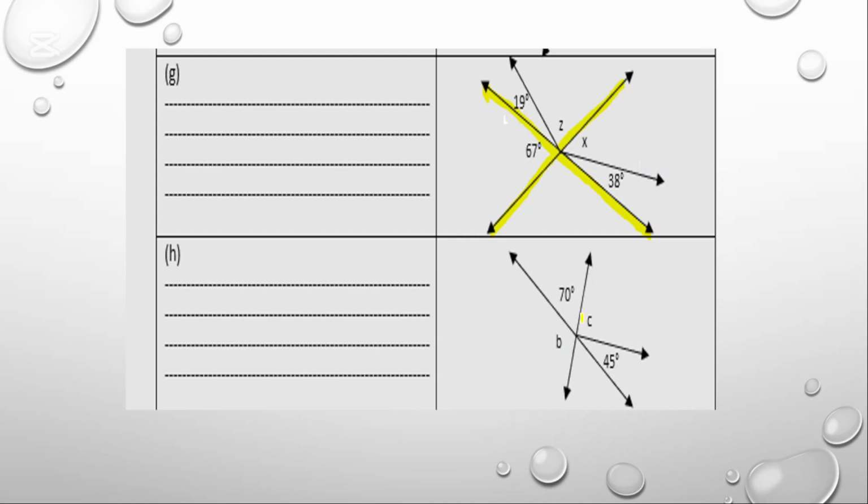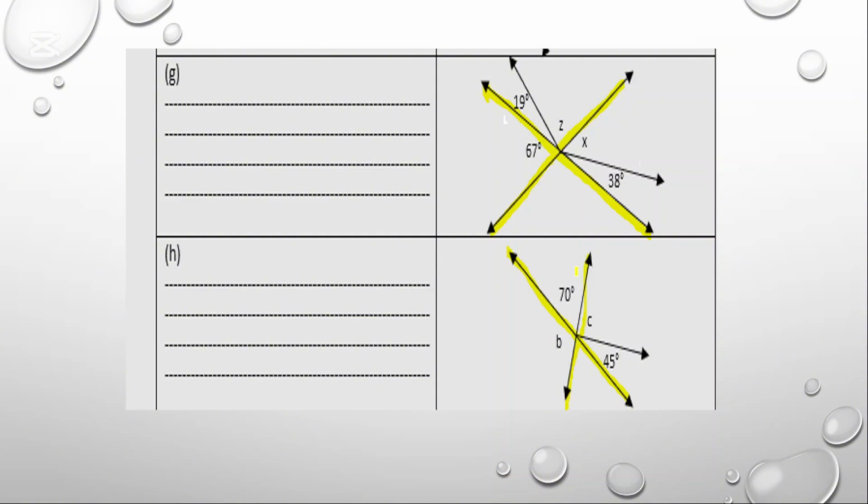Right. Next one. These two lines intersect. This one and that one there. So you can see immediately B is equal to C plus 45. Right, they have the same size. You don't know the value of B, so it's better to first actually use the straight line.